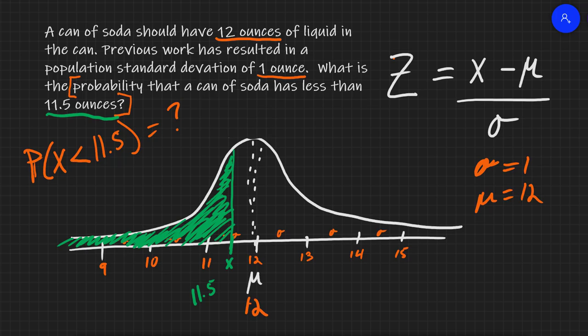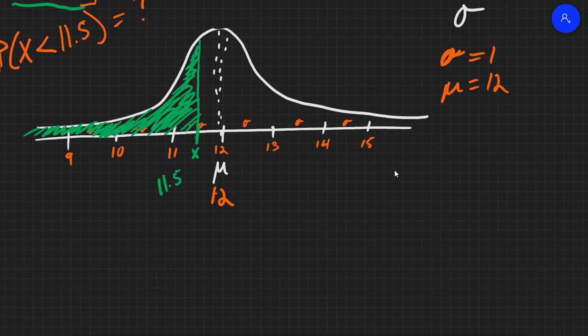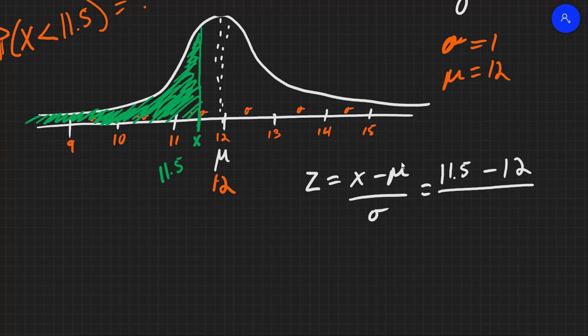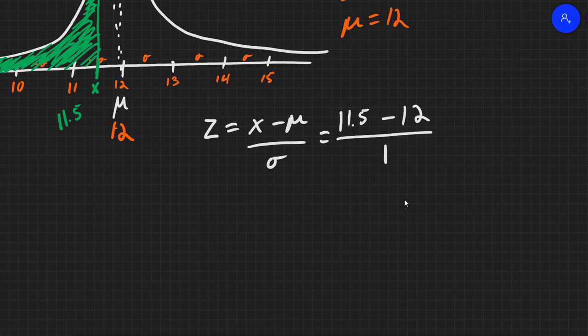The next thing we do is go ahead and do our Z transformation to make sure that that's exactly the case. Z is equal to my observation minus mu over sigma, which is the same as 11.5 minus 12 over 1. And so this is some fairly easy math.